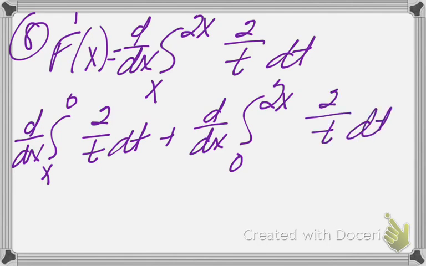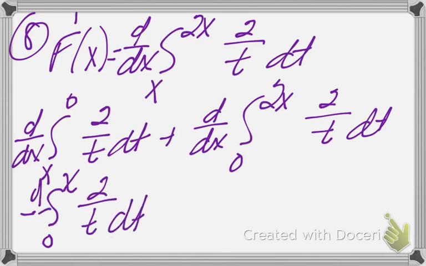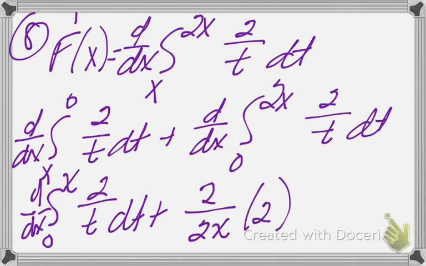Okay, and again, we have to flip this so the 0's on the bottom. And we can go ahead. And for the second integral, we're going to just go right ahead and put that 2x in for t, and we're going to have to multiply that by 2.